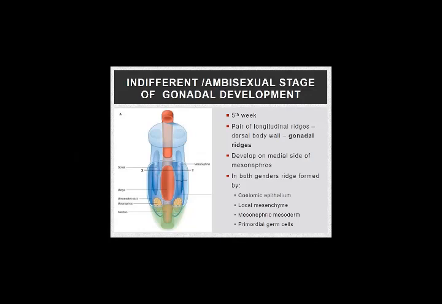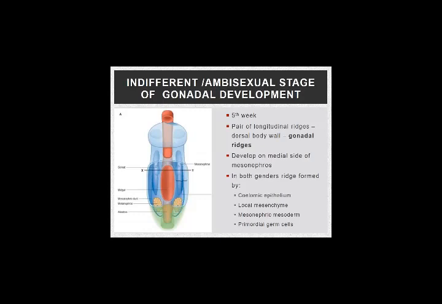Now, how does this ridge develop? Where does the contribution come from? It develops from the epithelium covering the posterior abdominal wall, which we call coelomic epithelium. Underlying this epithelium is the local mesenchyme of that area.